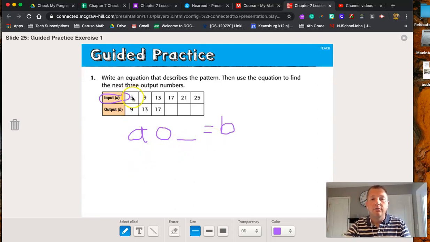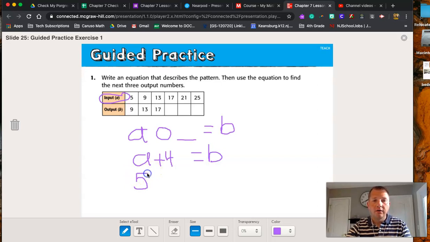So let's take a look. What's the difference between 5 and 9? I know in my head that the difference between 5 and 9 is 4. So I'm going to be adding 4 to 5 to get to my output, which is B. So let's take a look. 5, all right, A, my input, plus 4, and then my output is B, equals 9.